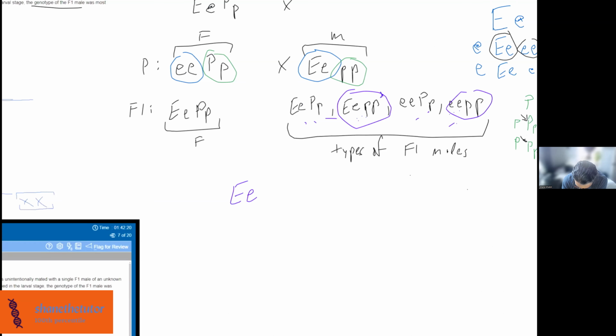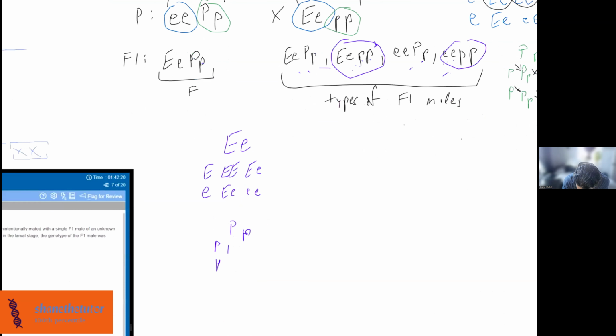And this gives me big E, big E, big E, little e, big E, little e, little e, little e. Okay, that's for the E's. Now, for the P's, I will have big P, little p from the female, and then little p from this male. So I'll get little p.